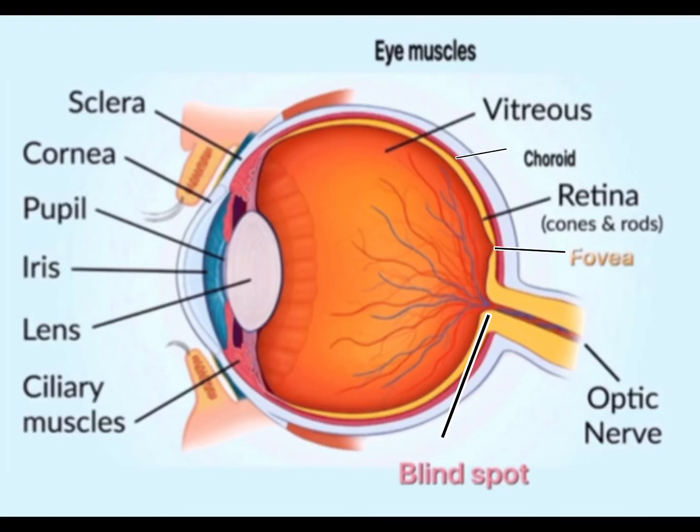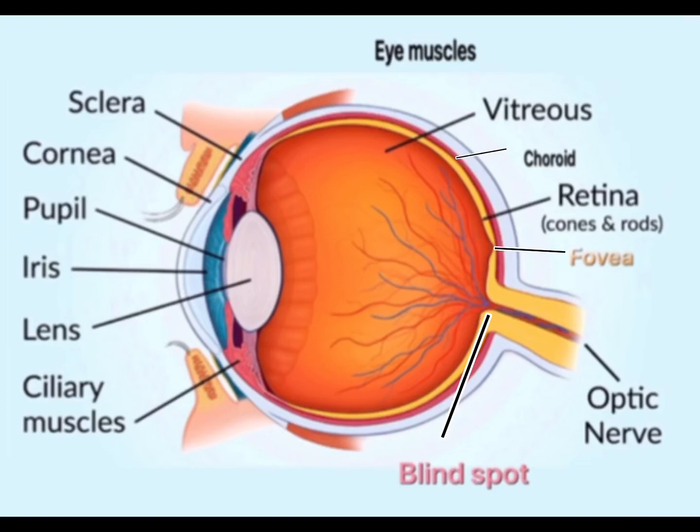Because if we want to identify the image, we need to send that message to the brain through the optic nerve. Then let's talk about eye muscles. There are 6 eye muscles which fix the eye. The eye muscles are an important part of the eye.